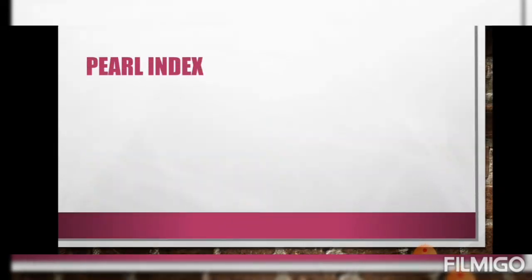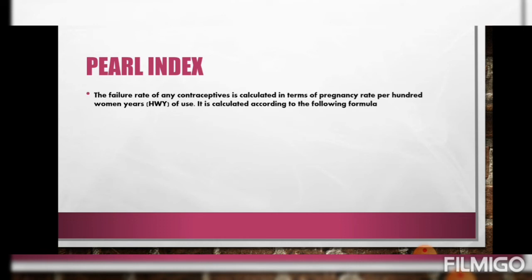Now we will see what we mean by Pearl index. Pearl index is the failure rate of any contraceptive. Whenever any contraceptive is used, this index is found out to know how useful each of those contraceptives is, the success rate or the failure rate.